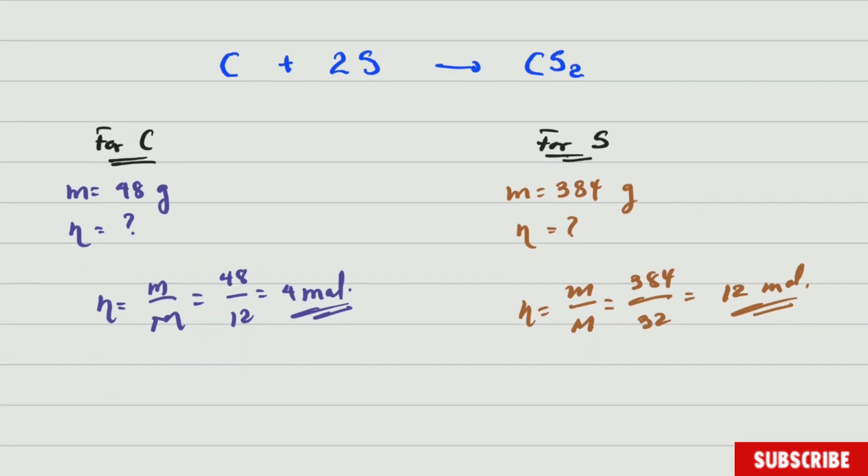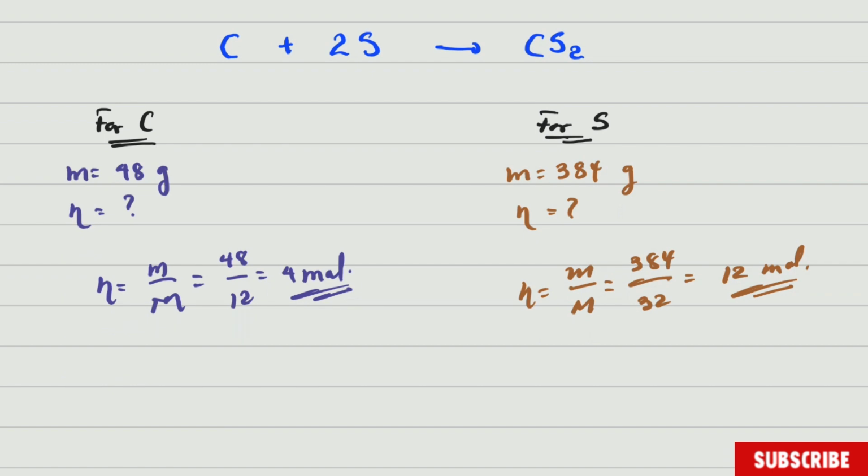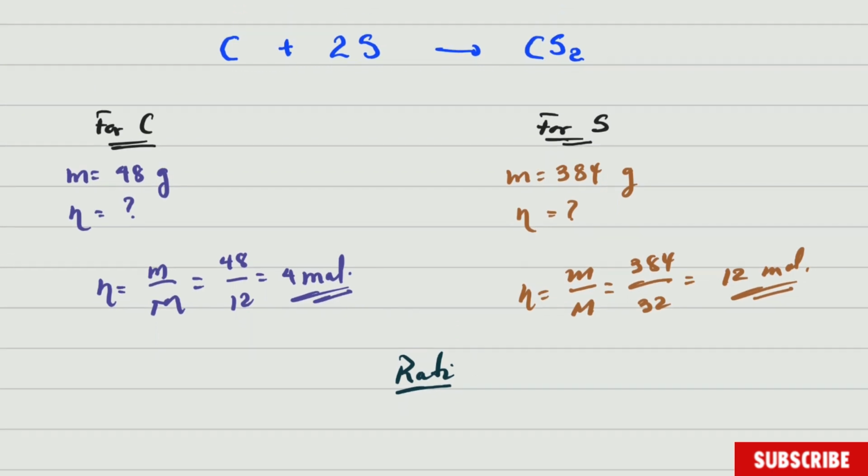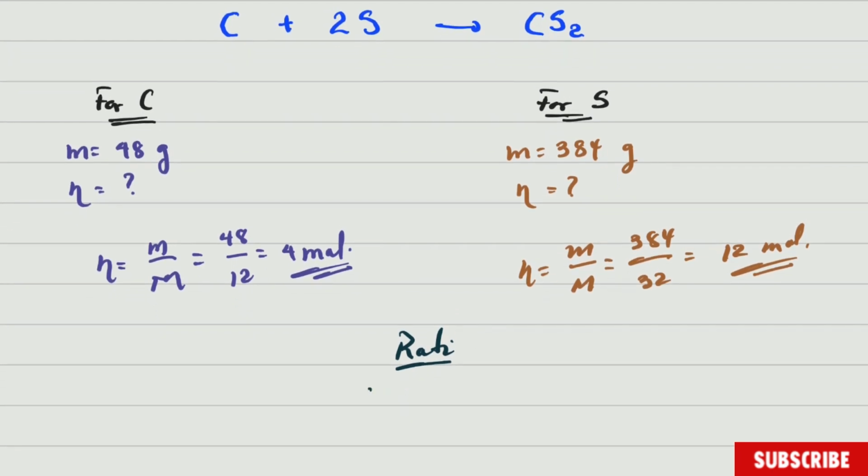You still have to go to the ratios. So the next step is just find the ratio, and I'm not going to do both options. You can do both options if you want. But either one, you have to say a ratio, and the ratio that we are looking for is the ratio of carbon to sulfur, and the ratio is 1:2.